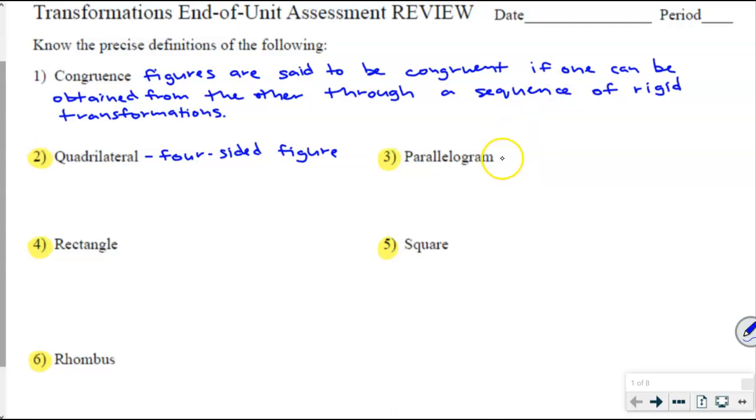Yes, Seth? Yes, I'm going to go just one step further, and we're not just going to say a figure. We're going to specify that it's a quadrilateral. Yep, a 4-sided, yep.